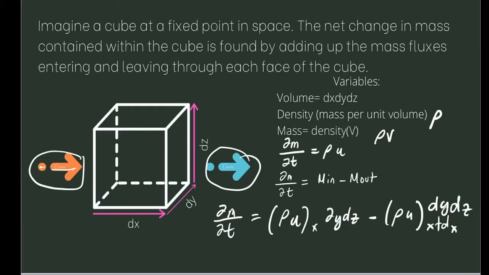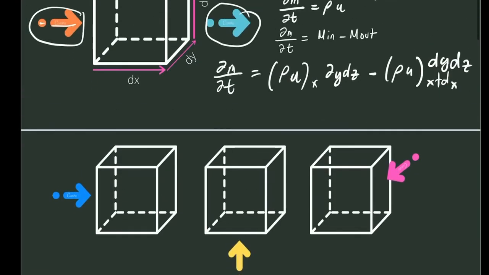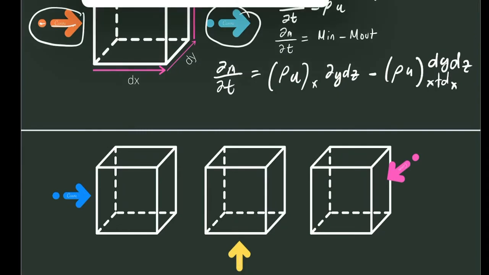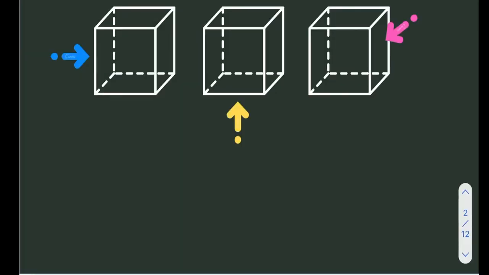Now, we can do that into 3 dimensions. So, let's say na meron kang flux dito entering this face of the cube here and also dito sa likod. We can expand that equation as well and get the m input.